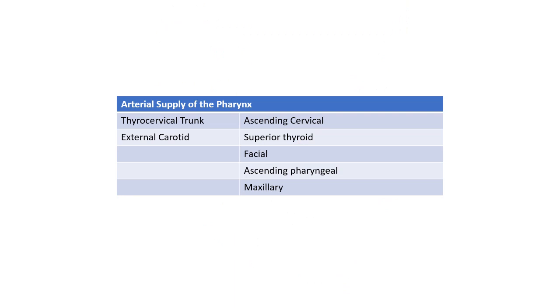So what would be the blood supply of the pharynx? You have two main branches, the thyrocervical trunk from the subclavian, in particular the ascending cervical artery. And you have a branch from the external carotid, in particular the superior thyroid, the facial, the ascending pharyngeal artery, and the maxillary artery, the most important of which is the superior thyroid artery.